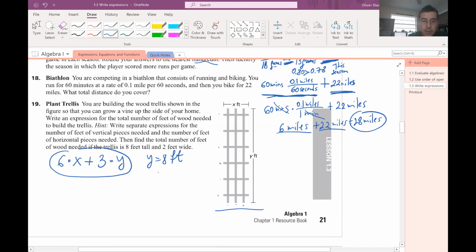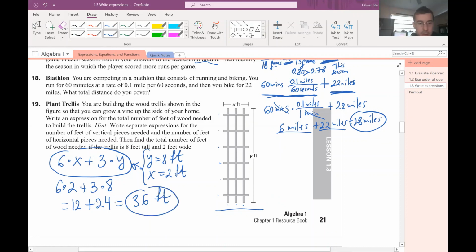So x is 2 feet, and it's just a matter of substituting these two values in this expression, and we're going to get 6 times 2 plus 3 times 8, and we get 12 plus 24, and that is 36, and this is feet. So 36 feet is the answer. That's the total number of feet of wood that is needed to build the trellis.